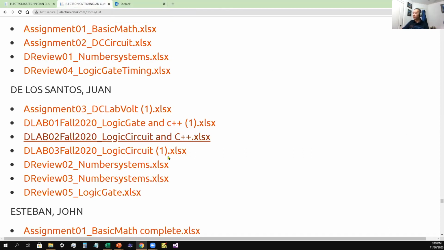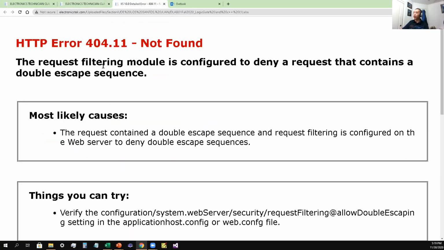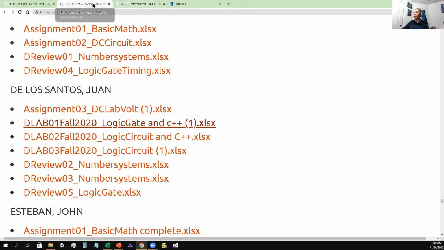So that's the first one. This one I cannot open. It gave me a whole bunch of errors, so I cannot do anything with it. The next one, number 3, you did it right. This one doesn't have that little bit of plus in between, so I can open that up, as you can see.